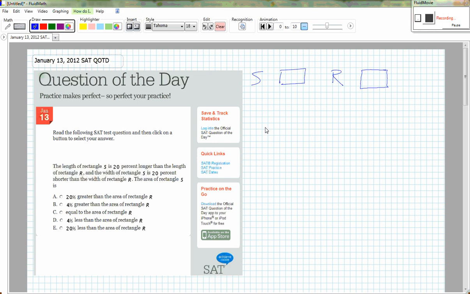We're asked to find out what the area of rectangle S is. Is it 20% greater, 4% greater, equal to, less than, or 20% less than the area of rectangle R?